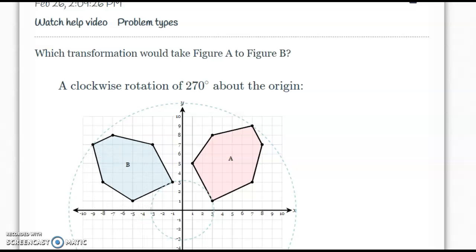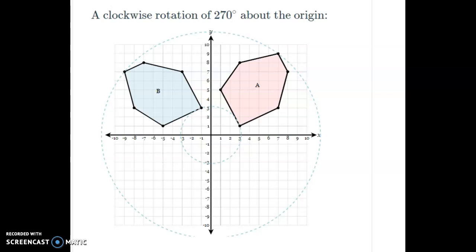And these problems are all multiple choice, which is going to help you choose whether it's clockwise or counterclockwise. Okay, so then let's look at how we find the degrees. So we're going to connect the tip point to the origin because it is rotating around the origin. So it goes to that point.